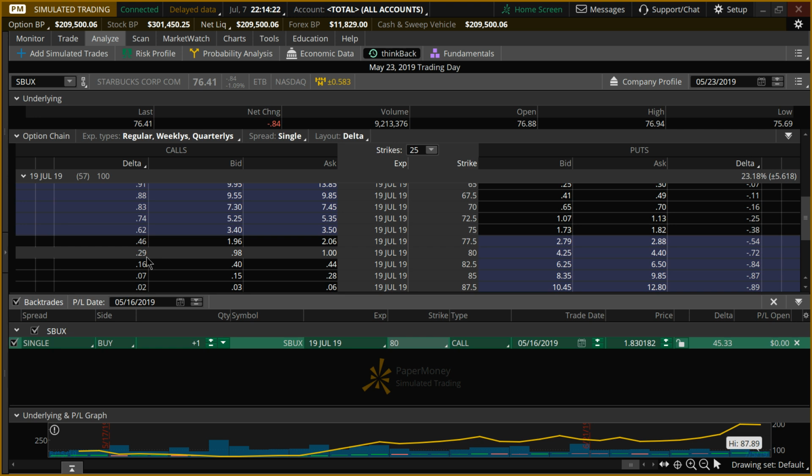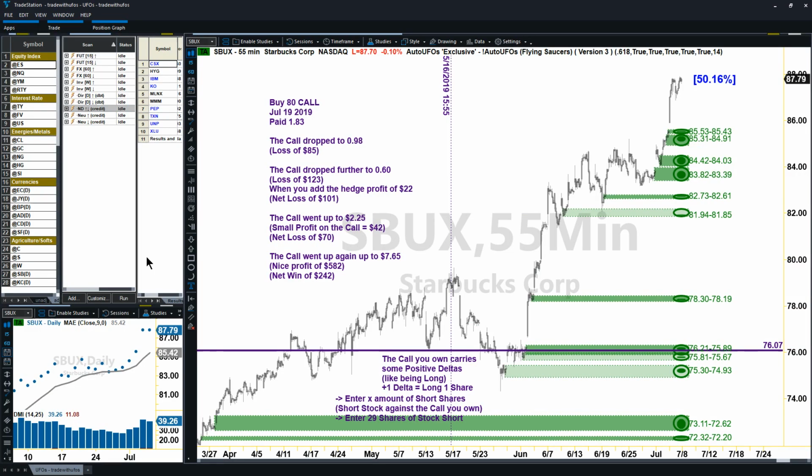Because the delta of the call is 29, you short 29 shares to neutralize it. So you don't need to pick high delta or low delta. You just pick the delta you are given by the market. You are not buying an option, you are shorting shares. The amount of shares is the same number as the delta.